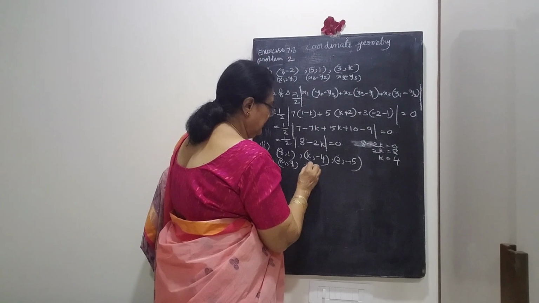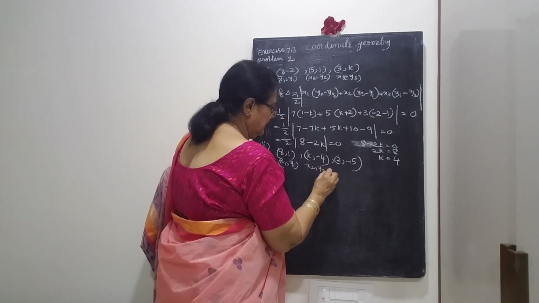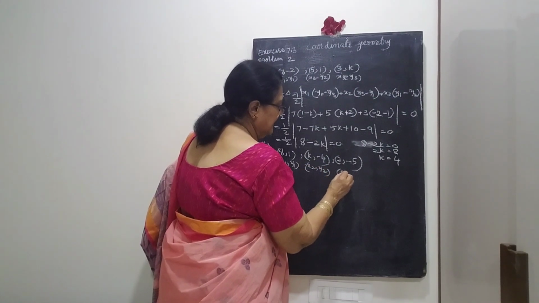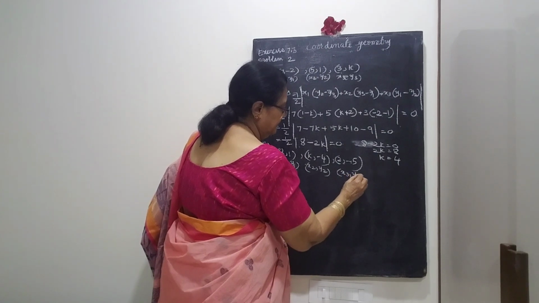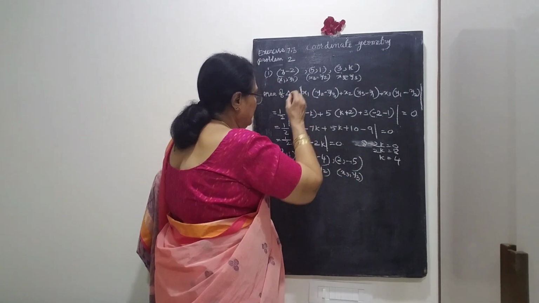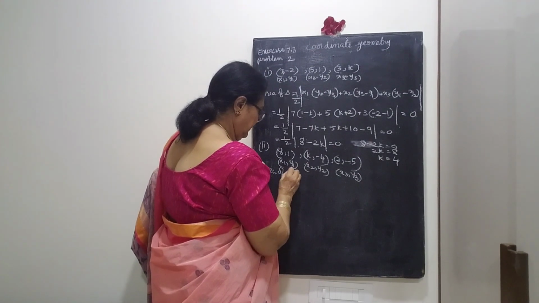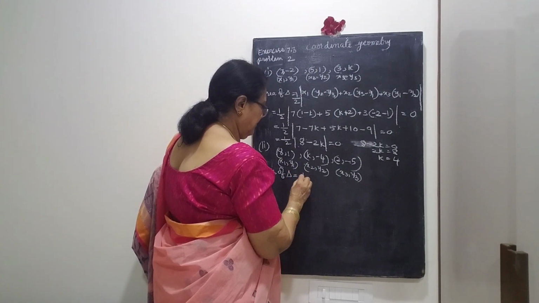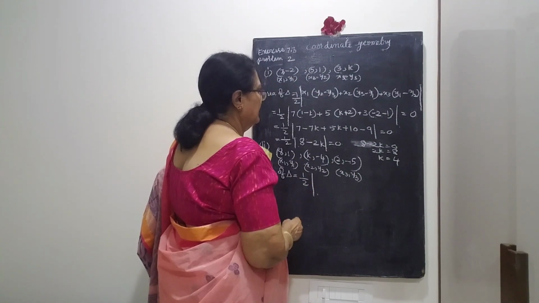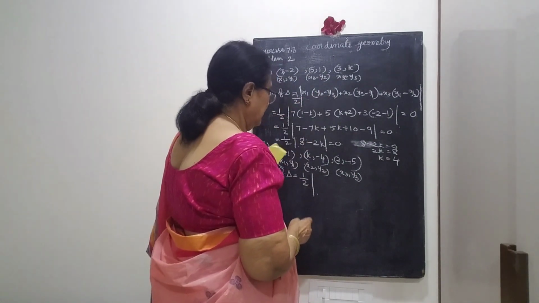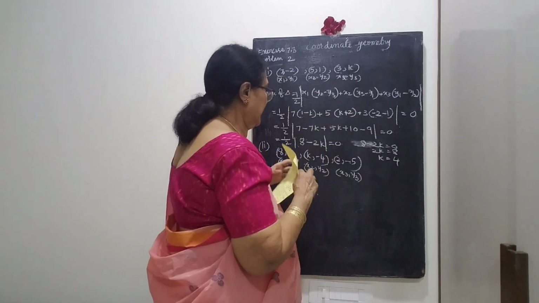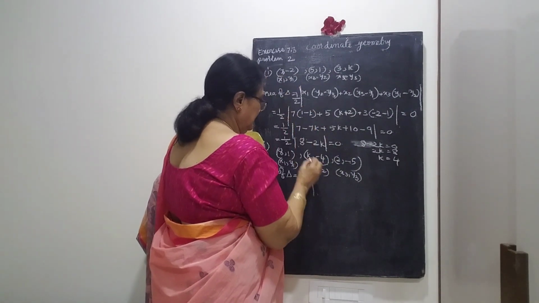This is x2, y2. This is x3, y3. Same formula I am using: area of triangle, half into, now x1 into y2 minus y3. What is x1 here?